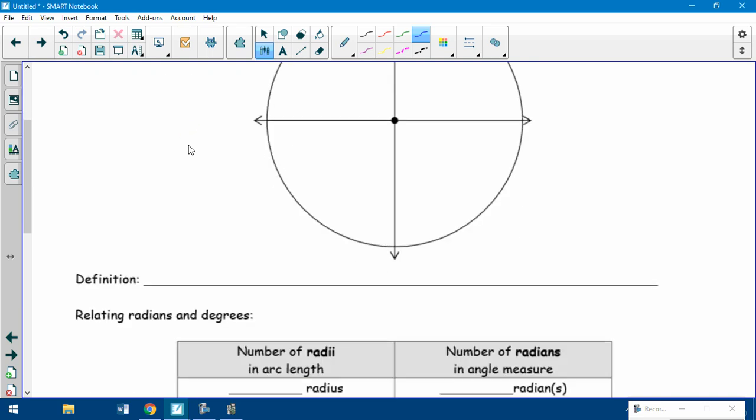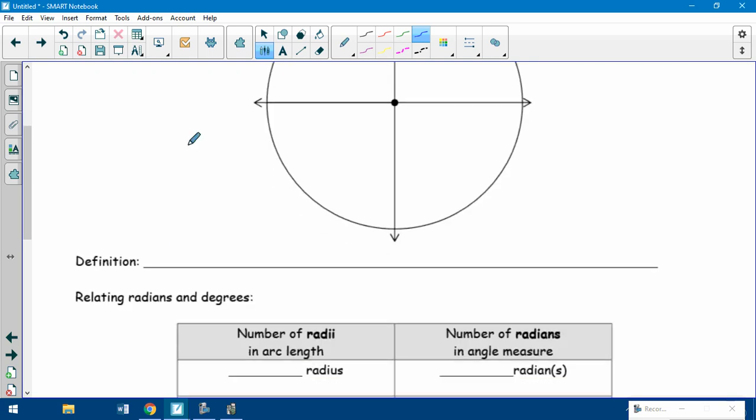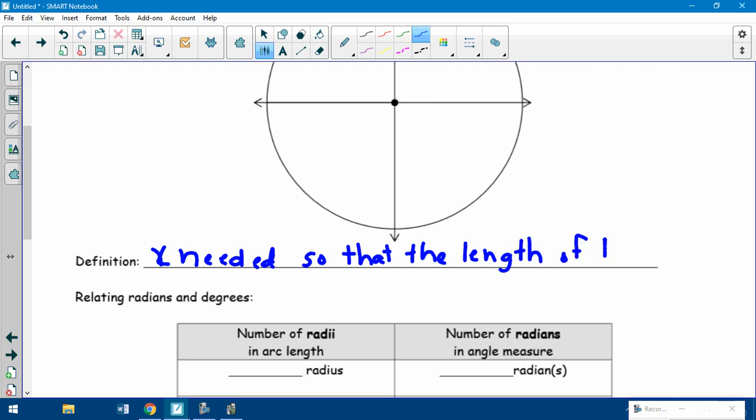So by definition, a radian is the angle needed so that the length of the intercepted arc is equal to the length of the radius.